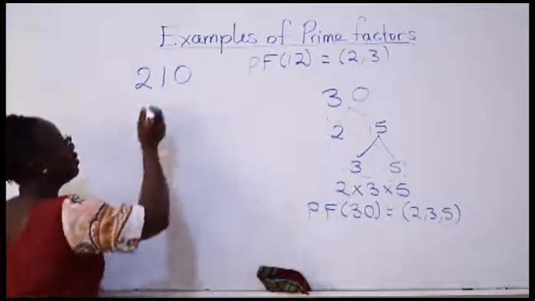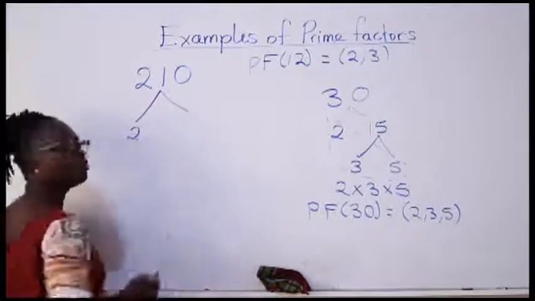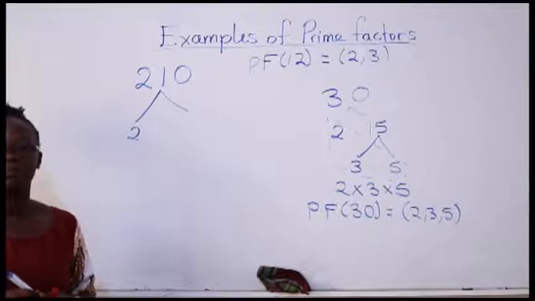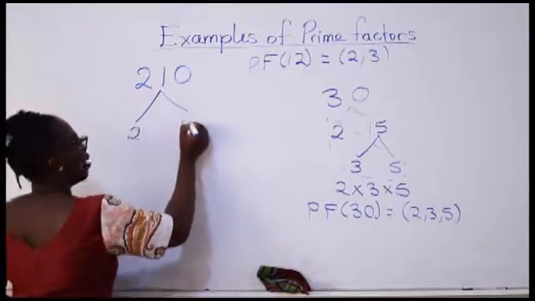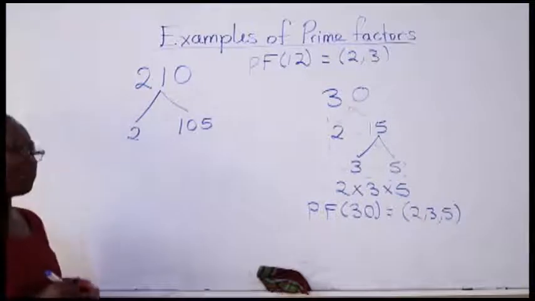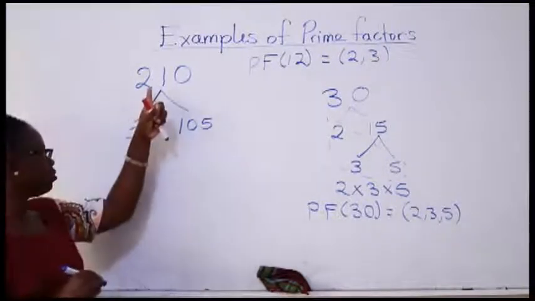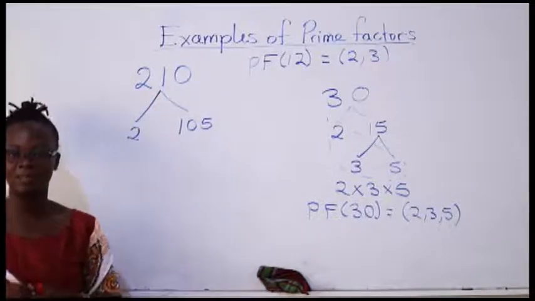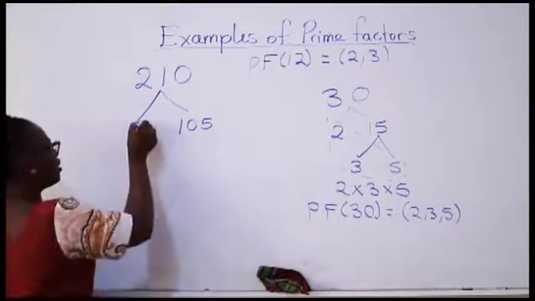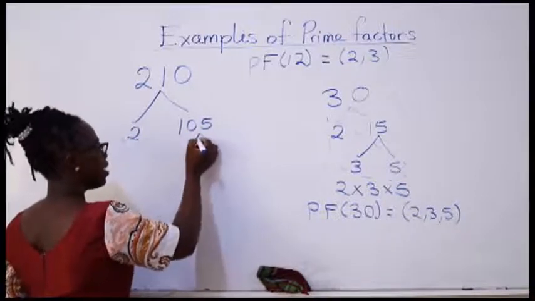Because this is even, we can divide by 2. So 2 goes into this how many times? 105. So if I multiply 2 times 105, I'll be getting 210. This 2 is prime, but 105 is not prime, so we can simplify this as well.